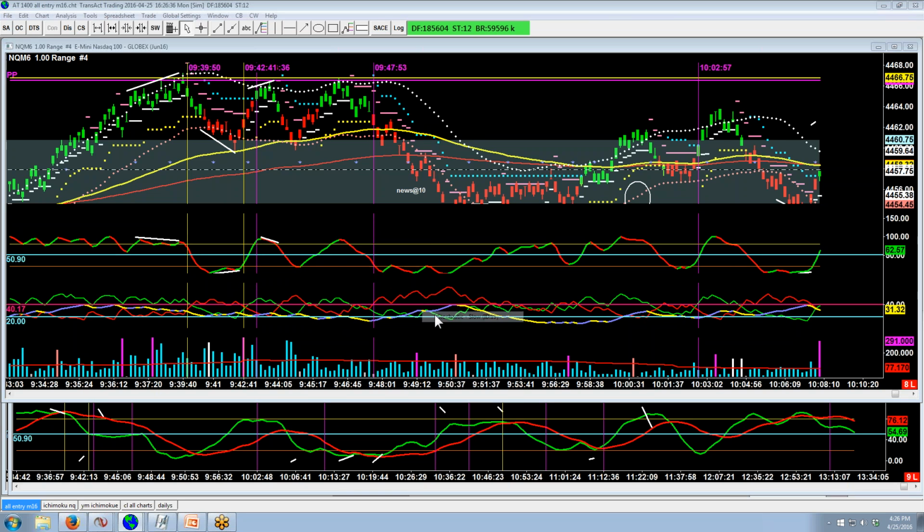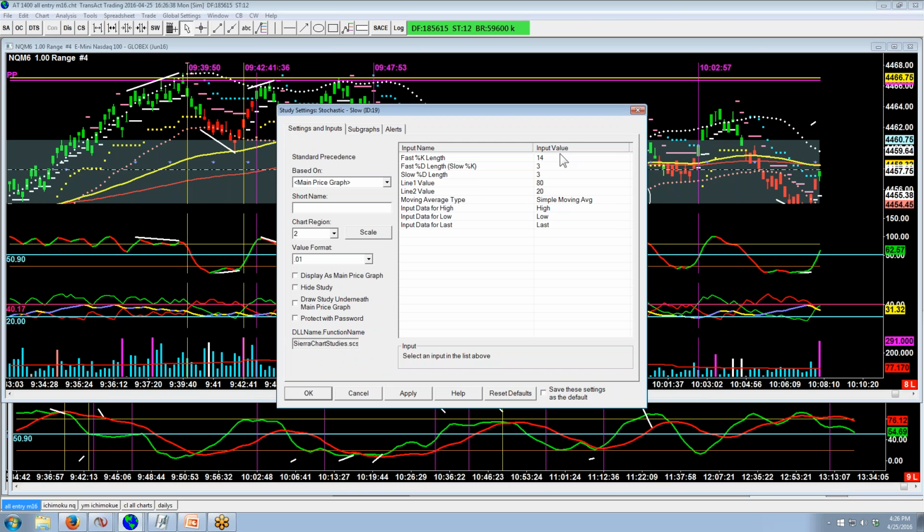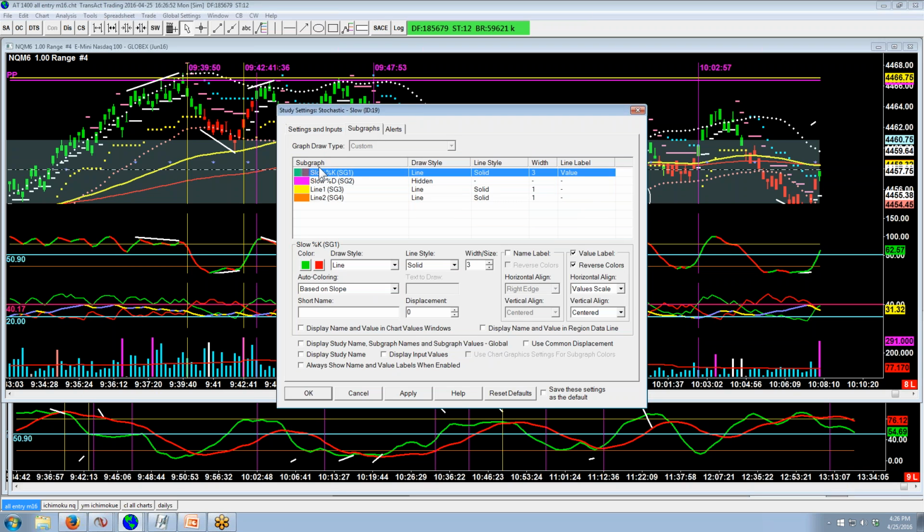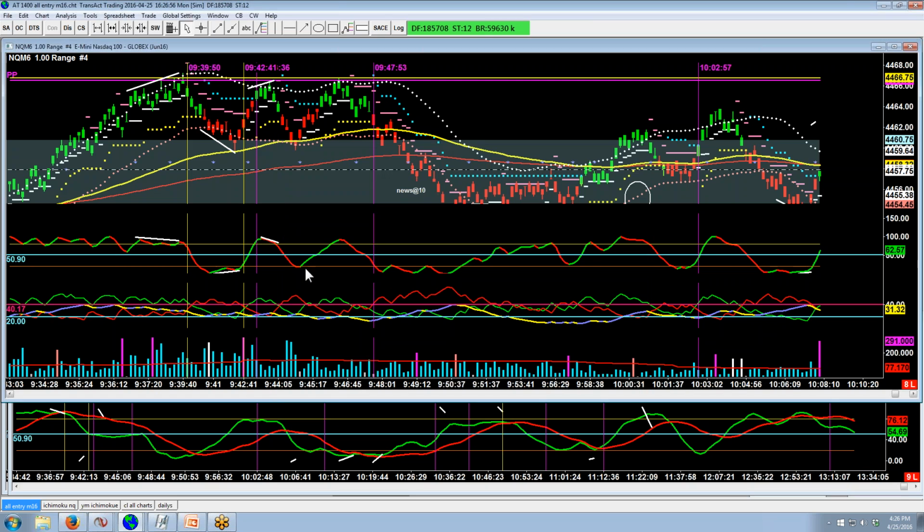I'll tell you what the inputs are exactly, because yours might show up in a different order than mine, but fast K is 14, fast D, slow K is 3, and slow D is 3. My oversold is 20, my overbought is 80, and I'm only drawing the slow K line, and that's just for this stochastic. That has nothing to do with the double stochastic here on the 8-range.